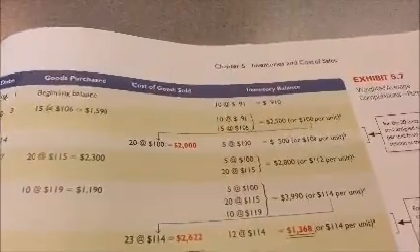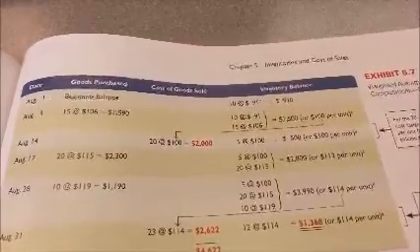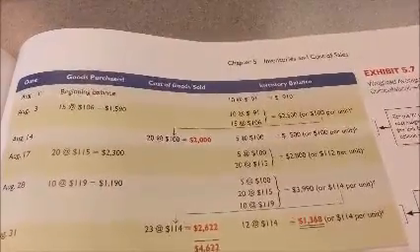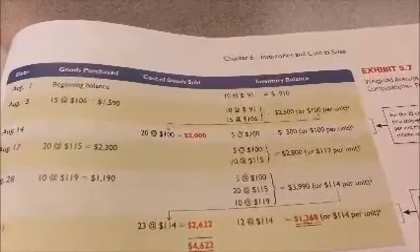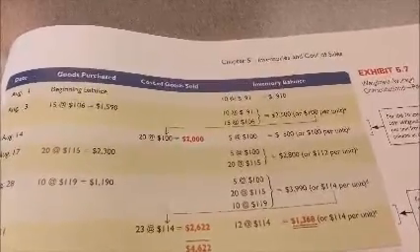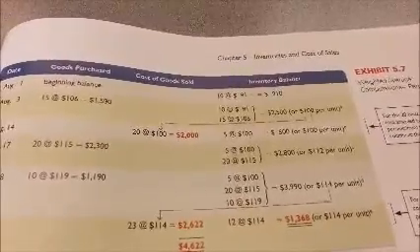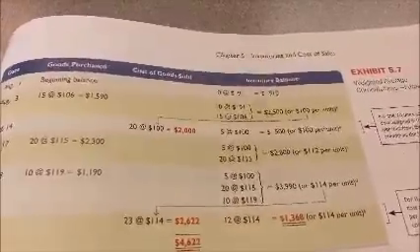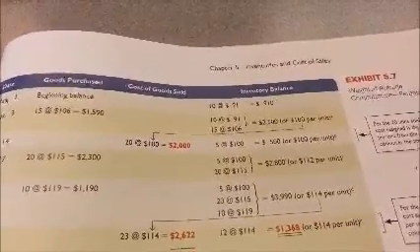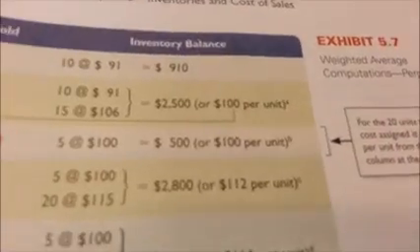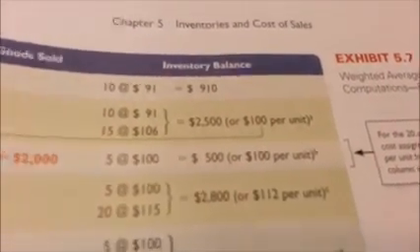It's 91 times the 10 units that cost that much, plus 15 times the $106 we paid for those units, or $2,500 total, divided by the 25 units that I have for sale, to give me a single weighted average price of $100 per unit. No other costs matter.